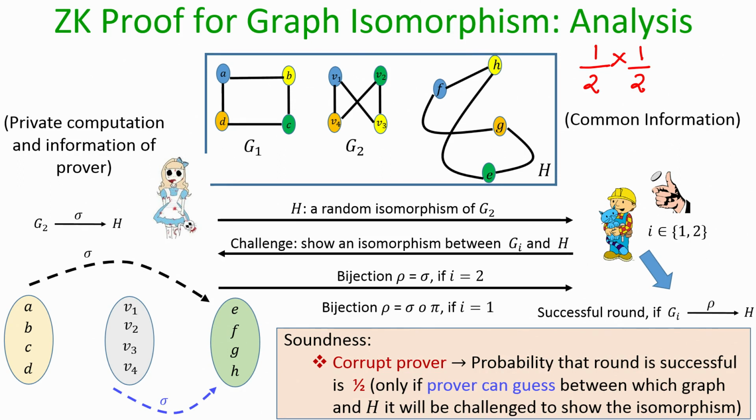Like that, the probability that Alice is able to cheat Bob in all the rounds by correctly guessing in advance the challenge of Bob in all the rounds is 1 over 2 into 1 over 2 into 1 over 2, k times, which is nothing but 1 over 2 power k.